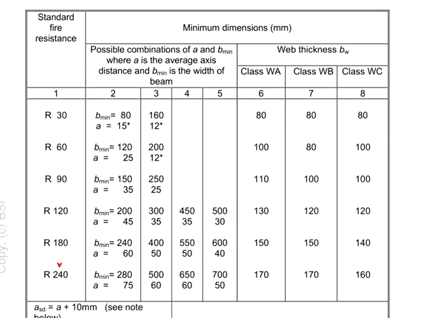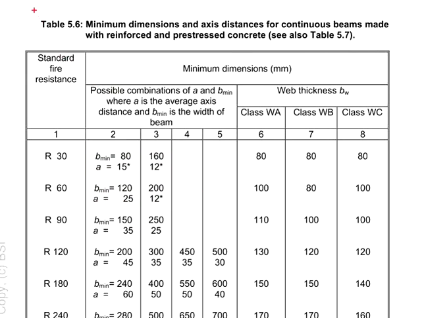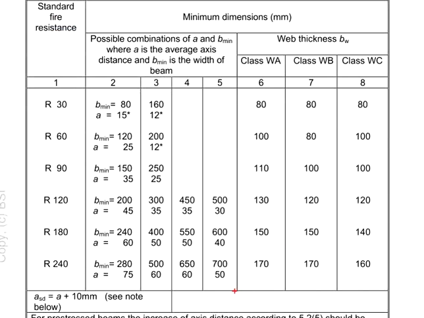Again, you will have a series of fire resistance ratings that also give you the minimum width and also the axis distance. By referring to this table 5.6, based on the separator of the table here, you know that for column 2 and column 3, once you get the axis distance a, you need to add an additional 10 mm to get the final axis distance.